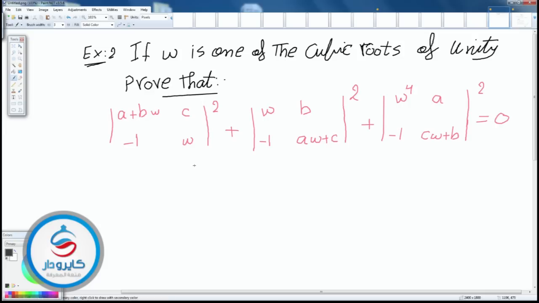First, we have to expand each determinant by using the cross multiplication like that.